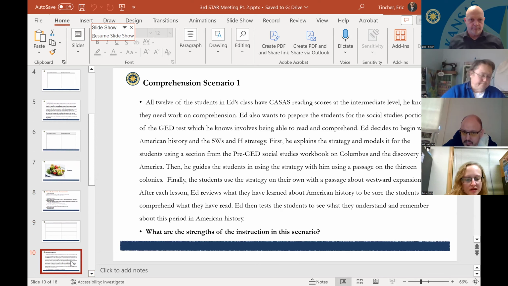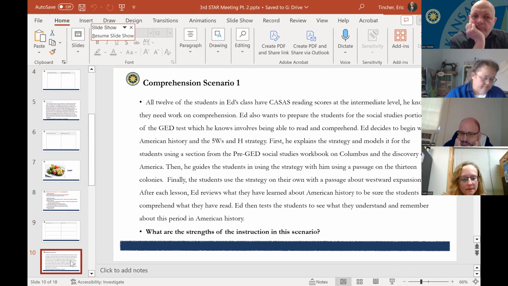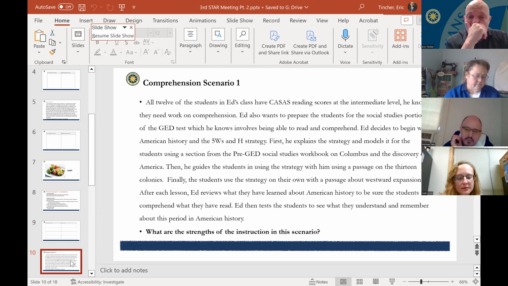All 12 of the students in Ed's class have a CASAS reading score at an intermediate level. He knows that they need work on comprehension. Ed also wants to prepare the students for the social studies portion of the GED test, which he knows involves being able to read and comprehend.